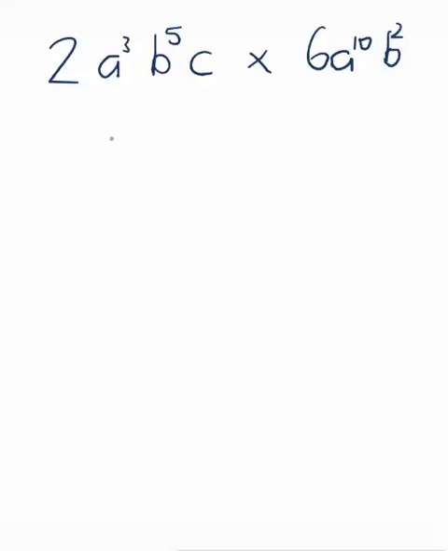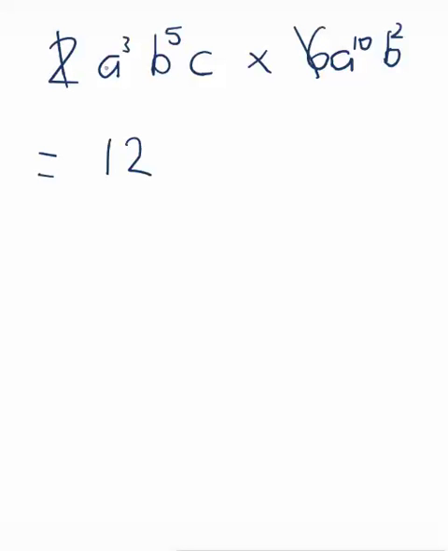So whenever we have numbers on both sides, like here we've got 2 times 6, I know that 2 times 6 normally is just 12, and that's it. So remember, whenever we see actual whole numbers, we just multiply them as normally.